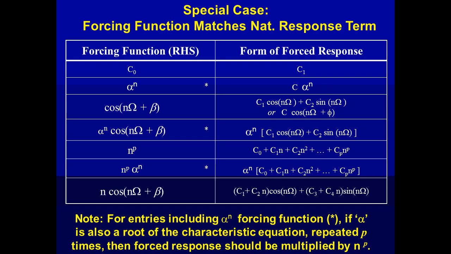So therefore, c must be equal to 1. So my forced response of n is just 1 times n times minus 1/2 to the n, and if you like, for n greater than 0.